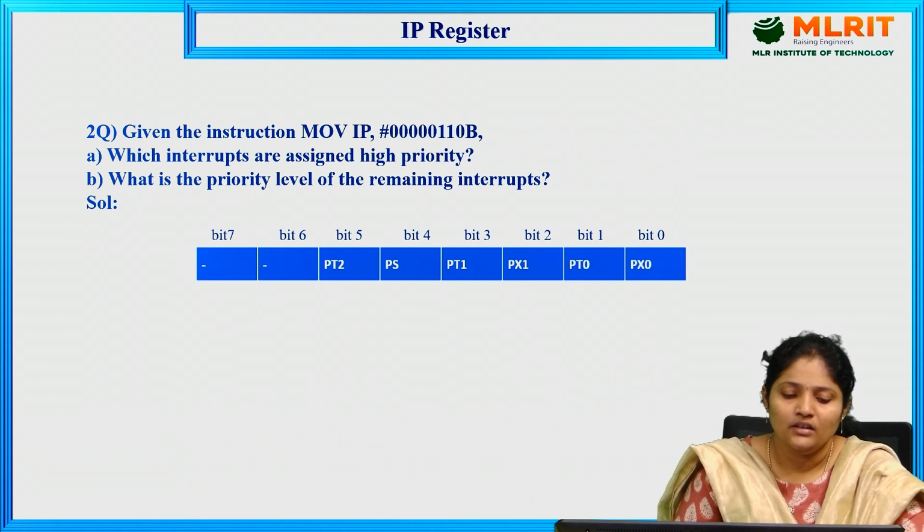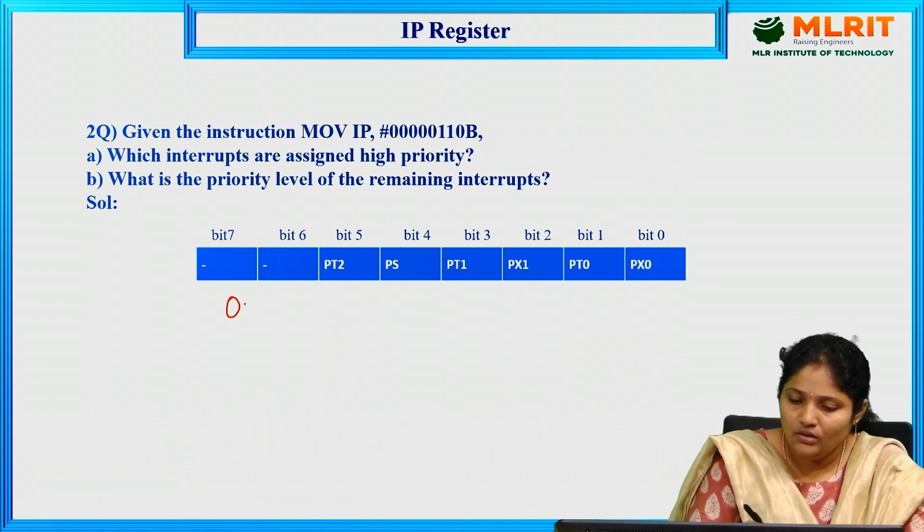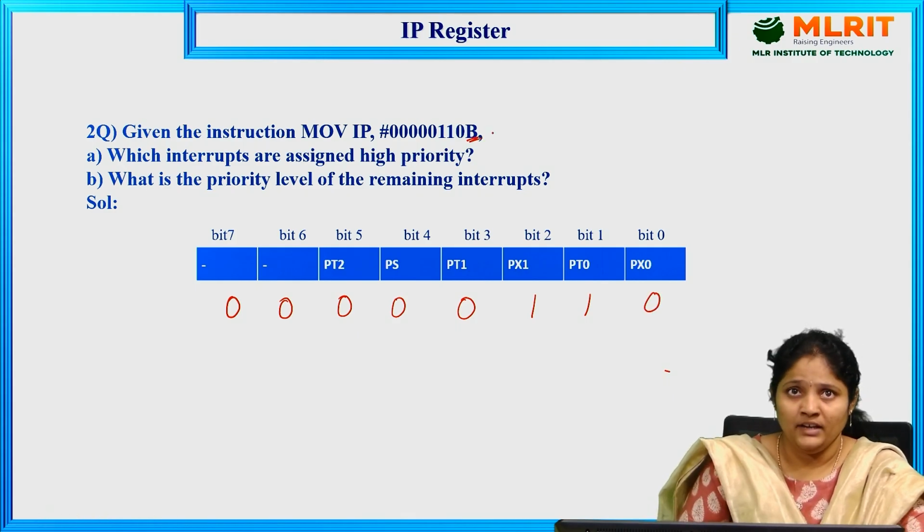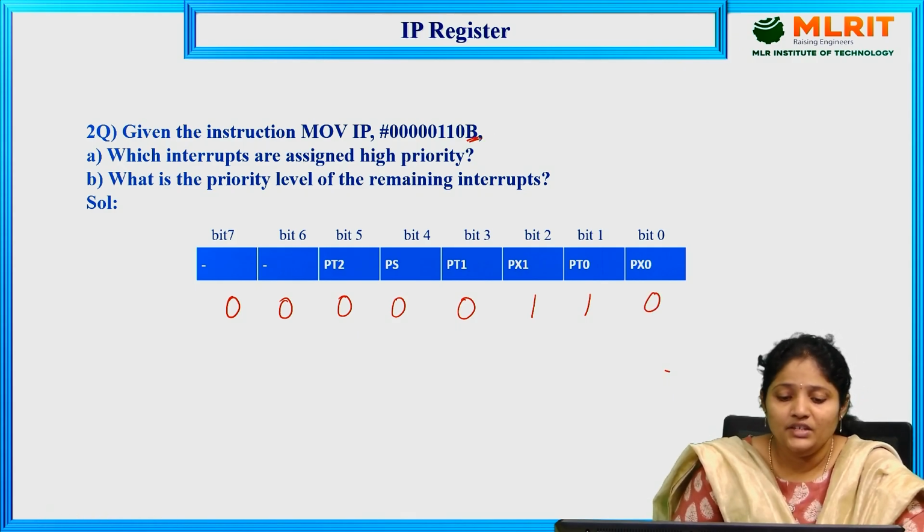Here they have given the instruction MOV IP, #00000110B, where B means binary. Next question: which interrupts are assigned high priority?